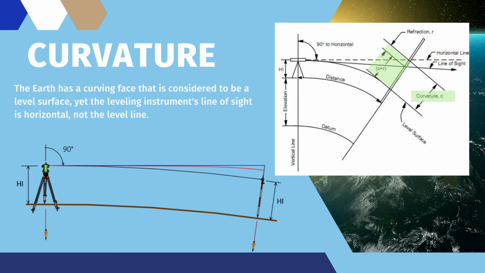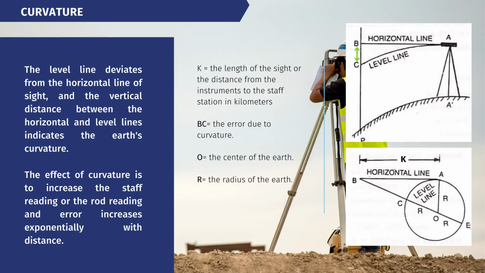As a result, all locations on the line of sight are not equidistant from the Earth's surface, and the points read on the staff are not exactly at the same level as the diagram's horizontal hair. The level line deviates from the horizontal line of sight, and the vertical distance between the horizontal and level lines indicates the Earth's curvature. The effect of curvature is to increase the staff reading or the rod reading, and error increases exponentially with distance.